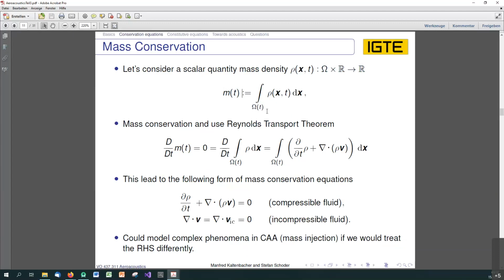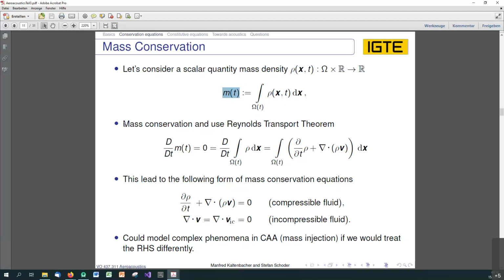Everyone knows what a control volume is? It's just a concept where you fix some space and can integrate over it, and it has continuous functions, so that you can really integrate. So the definition of the mass is an integral over the mass density.